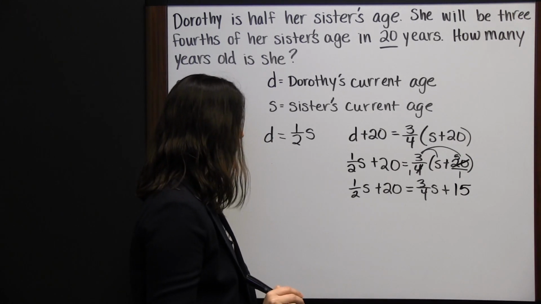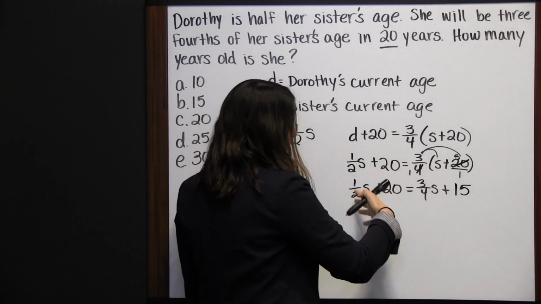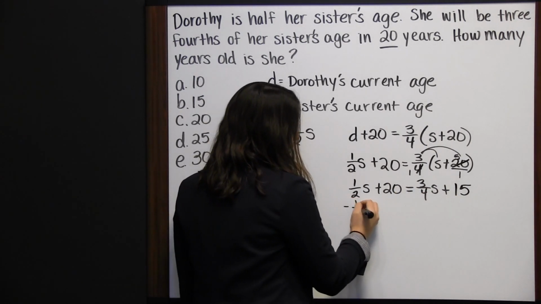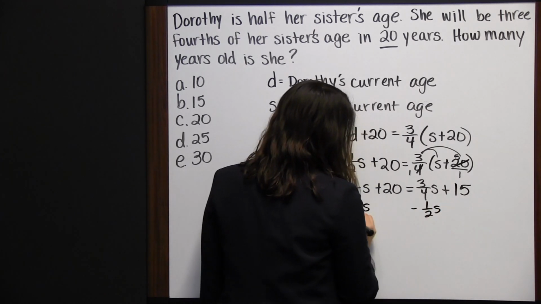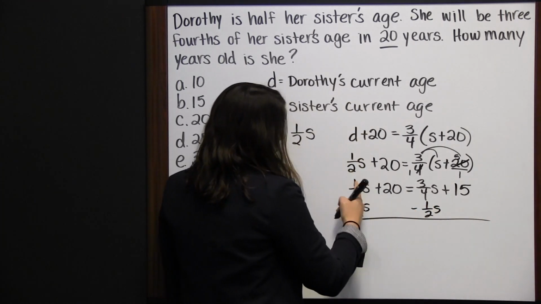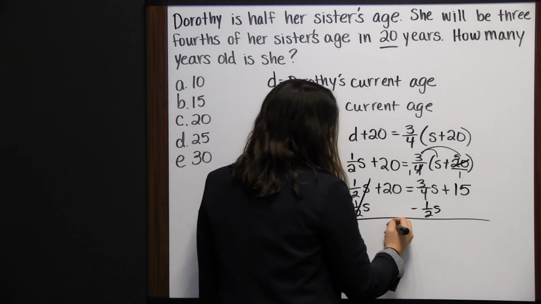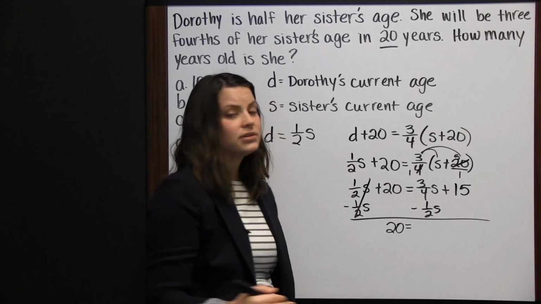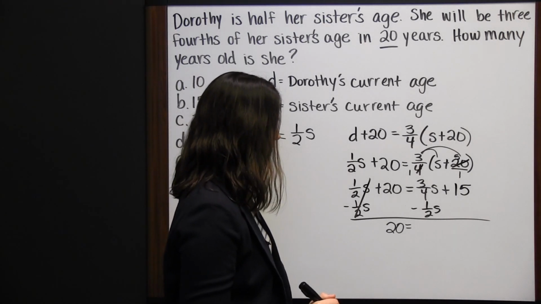That makes sense. Okay, so we need to get all of our variables on the same side. So to do that, I'm going to subtract 1/2 S from both sides. 1/2 S minus 1/2 S is 0. I'm going to bring down 20, and that equals. Now, to subtract fractions, I have to have common denominators.